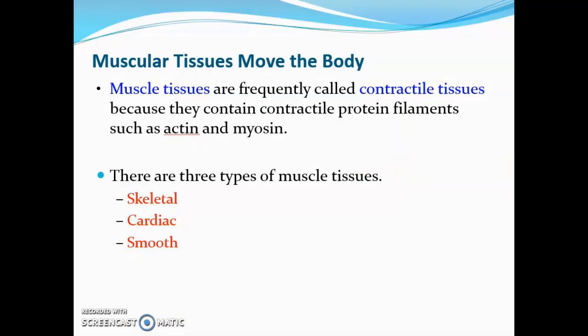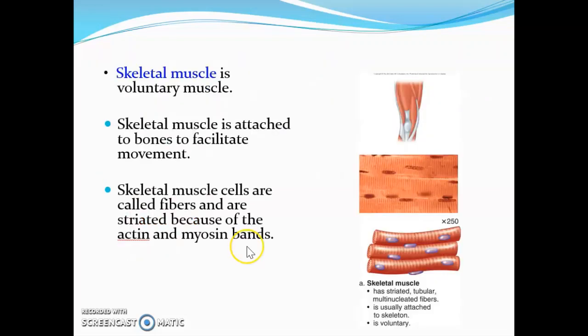Okay, now let us move on to the third type of tissue that is present in humans, which is muscular tissue. In general, in animals, there are three different types of muscle tissue: skeletal muscle tissue, cardiac muscle tissue, and smooth muscle tissue.